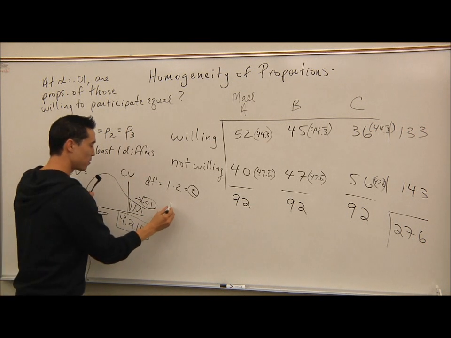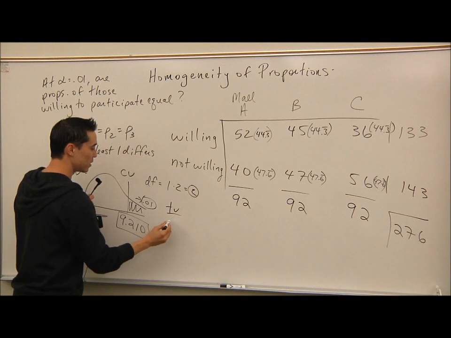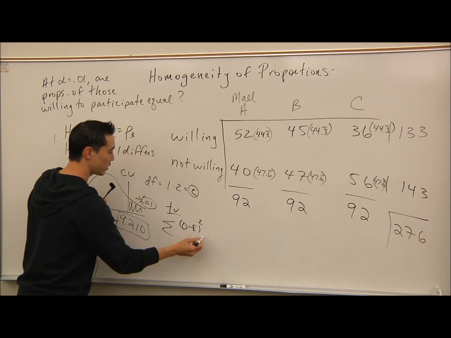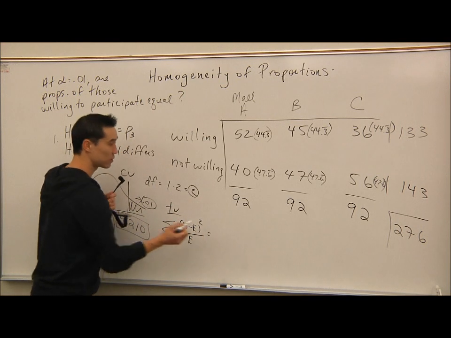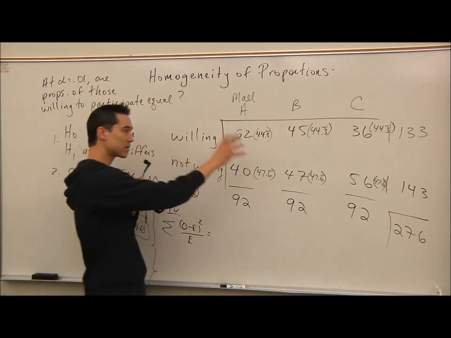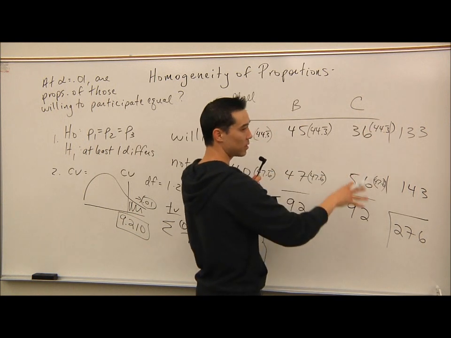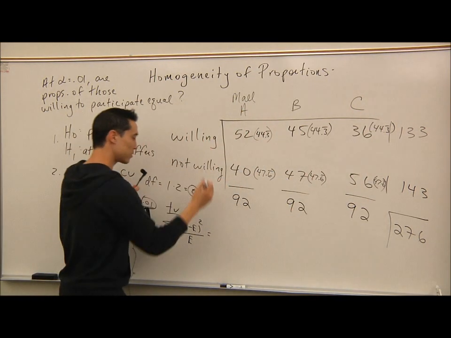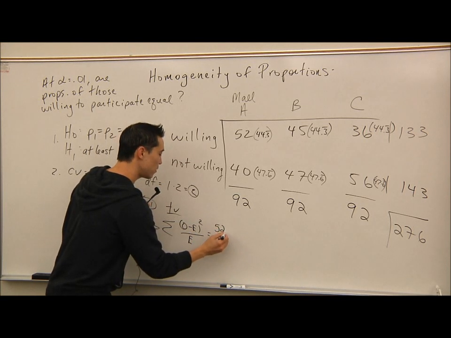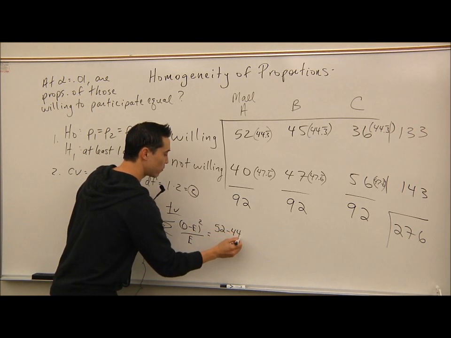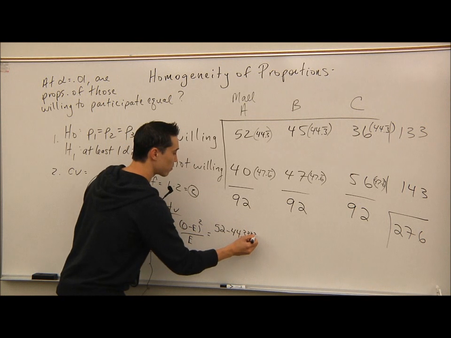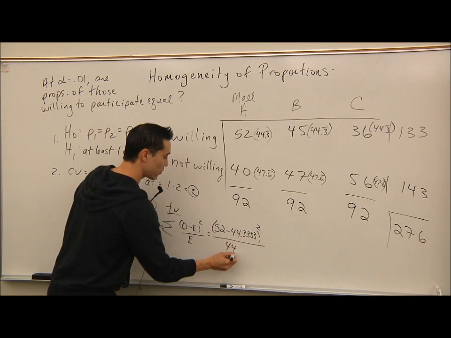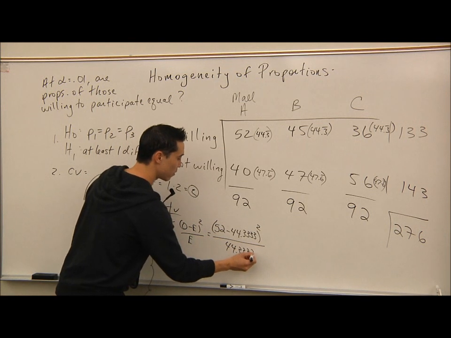Okay, moving on to our test value formula. Summation, observed minus expected, quantity squared, divided by expected. So just like the last problem, you have 6 terms that you're going to be adding up, and go ahead and fill it in. Okay, so the first one, I'll get you started. It's 52 minus 44.3333 quantity squared divided by 44.3333.